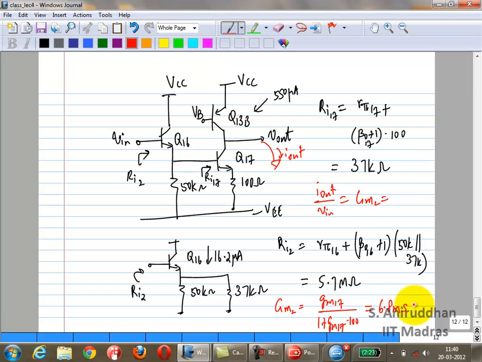Okay. What is R out? Next I am going to calculate R out. It's R out of Q13, RO13 in parallel with RO17 times (1 plus GM17 times 100). Can you calculate that?